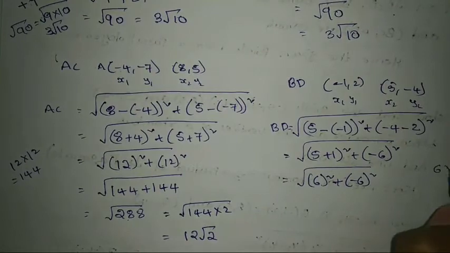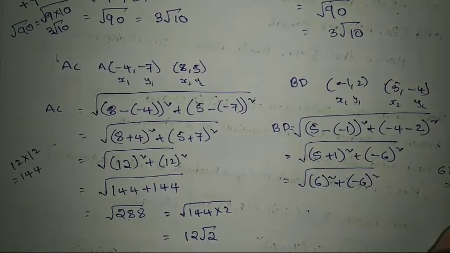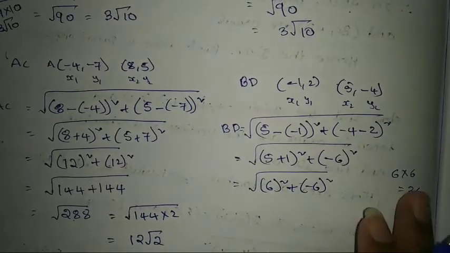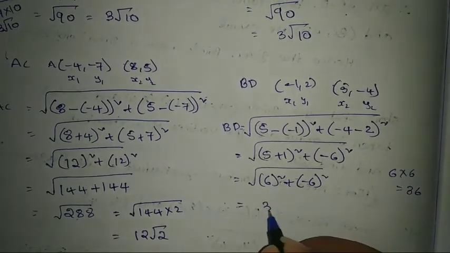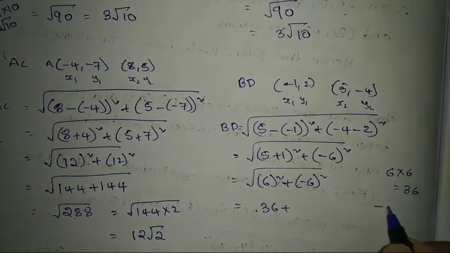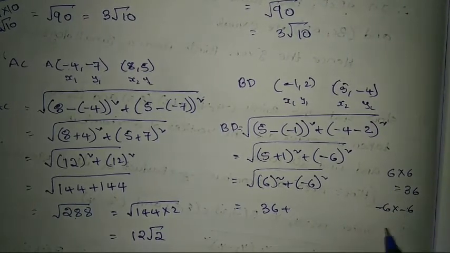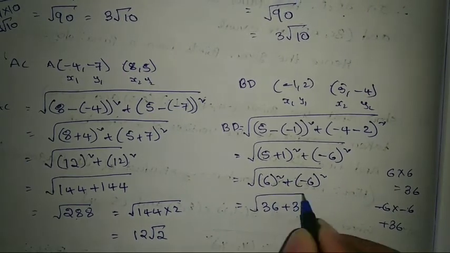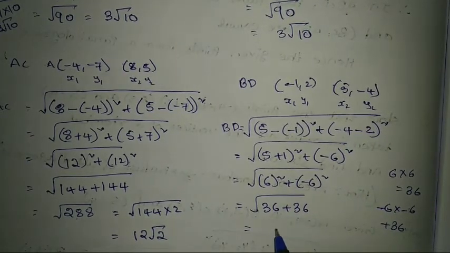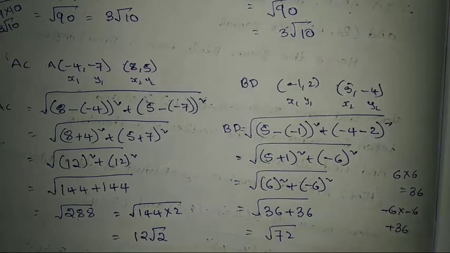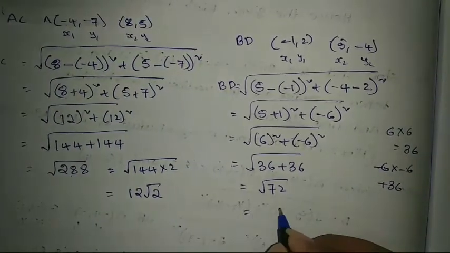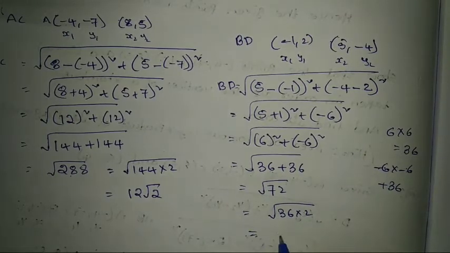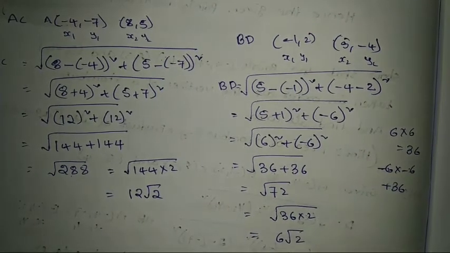So 6 into 6 is 36. So here 36 plus minus 6 into minus 6, minus into minus is plus, 6 into 6 is 36. 36 plus 36, 72. So here 36 into 2. Root 36 value is 6. Root 2.